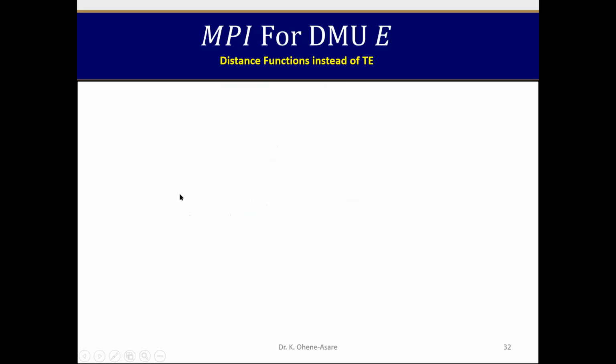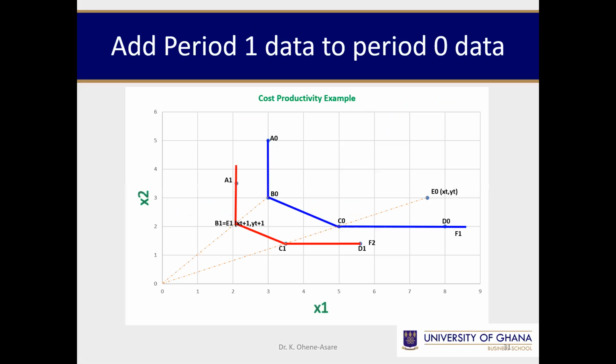Now go back to the graph and you see that frontier t is the blue one. That is the first frontier. And then the other frontier, which is in this case the t plus 1, is the red one.